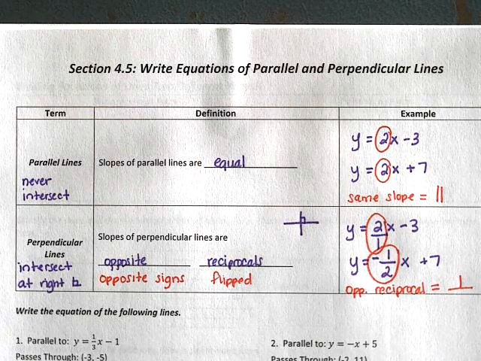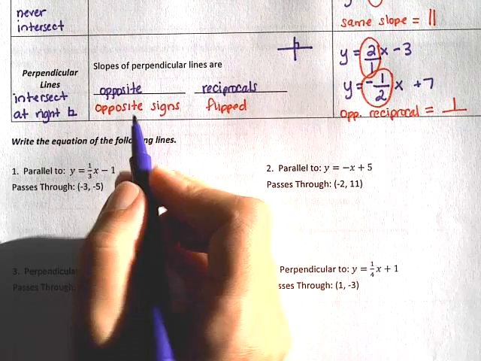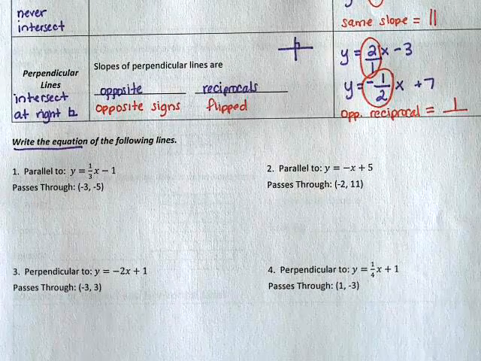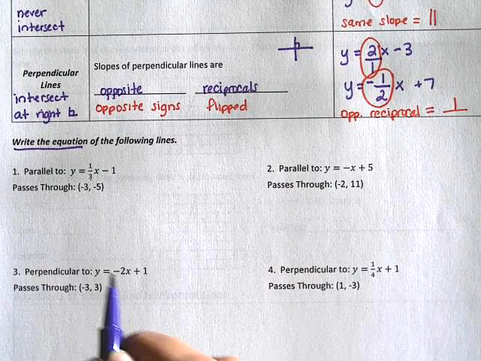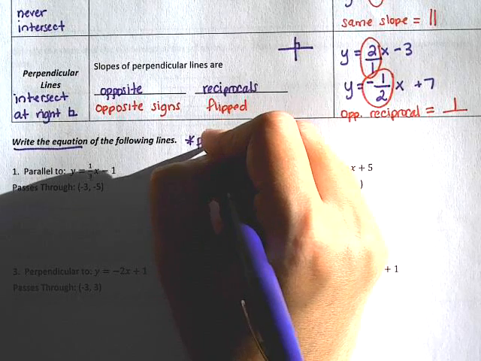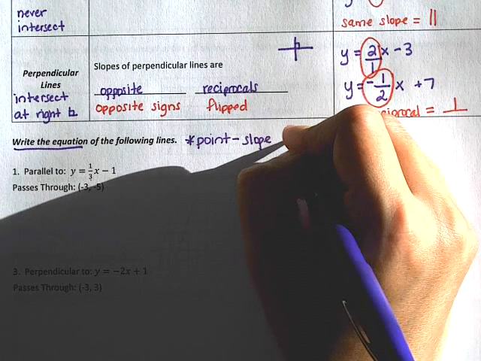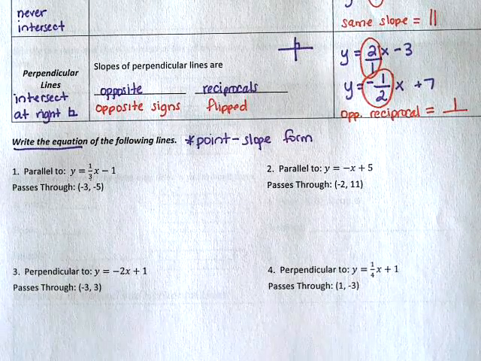So what kinds of problems would I expect you to do with this? If I say write the equation of the line that is parallel to this one, but goes through this point, we are always going to use point-slope form. So here's how we do that.